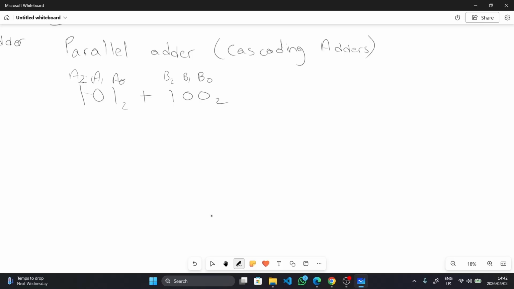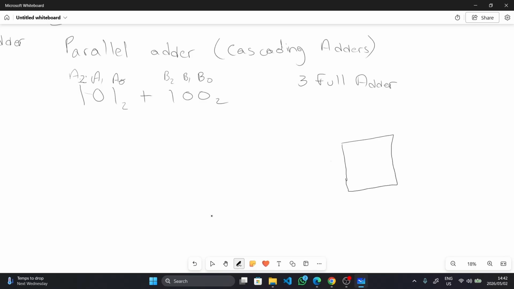So we have our values, and in this case we'll use 3 full adders to do our diagram, right? Most of the time we start from the right, so you start with the LSB.